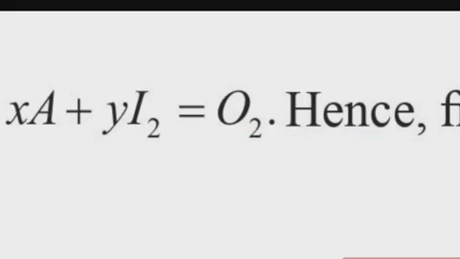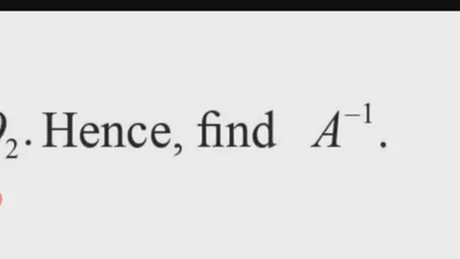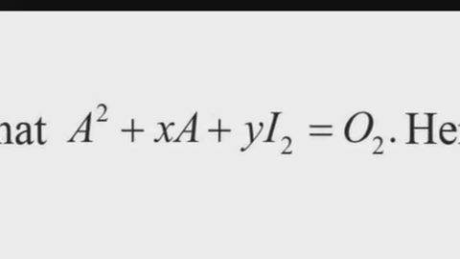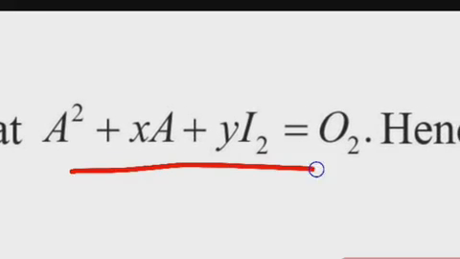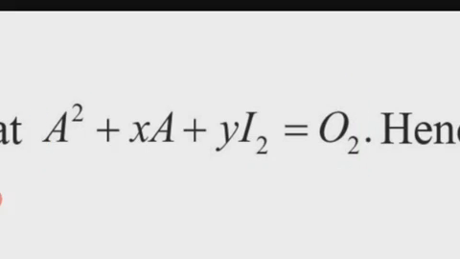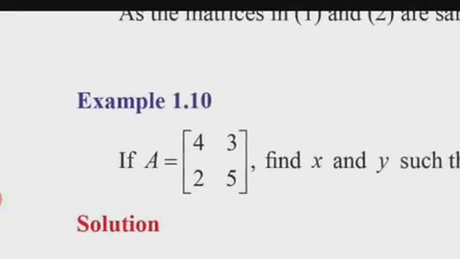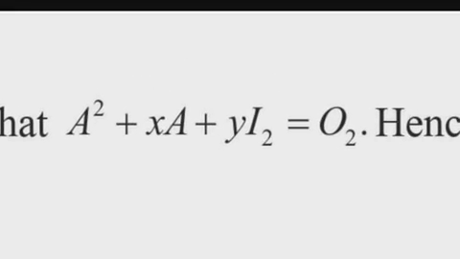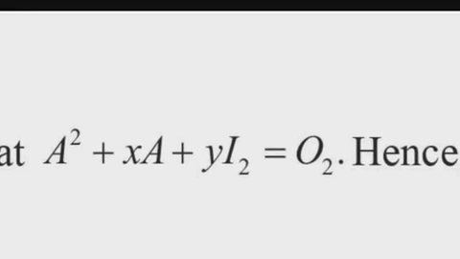Okay, so then find A inverse. Here finding A inverse is done using this equation, not the ordinary method. Using this equation is very important. So if A equals [4 3; 2 5], find x and y such that the given equation; from this equation only we are going to find x and y value.